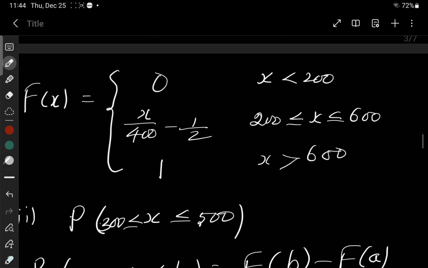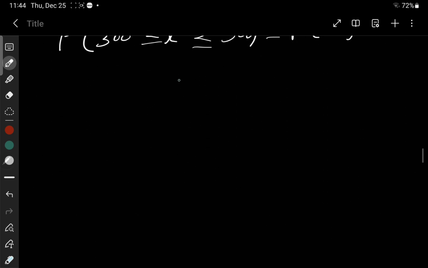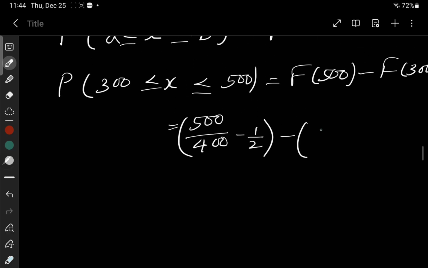See, the function between 200 to 600 is x by 400 minus 1 by 2. So I apply here, replace x as 500. So 500 by 400 minus 1 by 2, minus 300 by 400 minus 1 by 2.